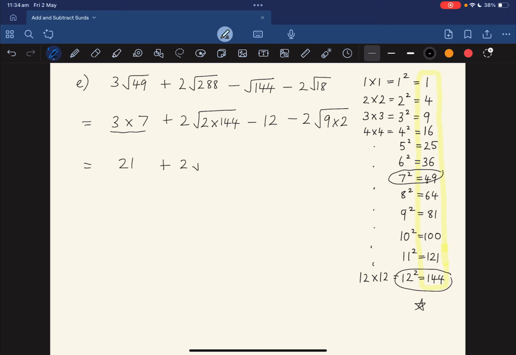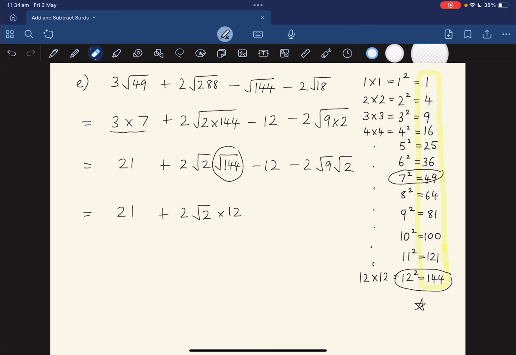Plus 2 root 144. Take 12, take 2, root 9, root 2. Separating out the square root sign so we can see clearly. And nothing happens to that root 2. Root 144 is 12. Write it straight down. And then root 9 is 3.